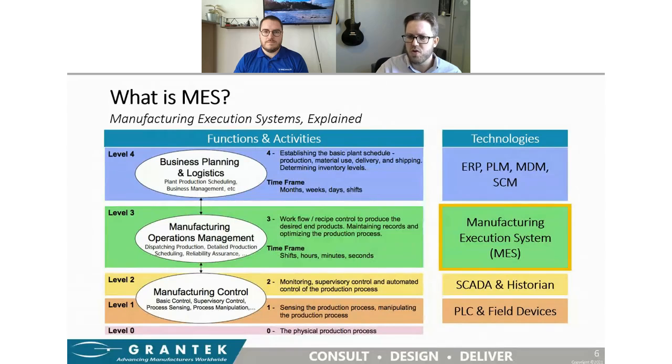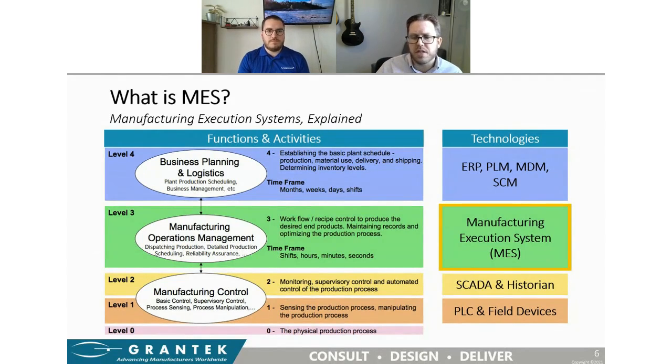So at levels 1 and 2, you have your manufacturing controls, your sensors, PLCs, and SCADA systems, and data collection systems that are going to help you control your process. These systems tend to be installed within the 4 walls of the plant and need to work in near real time to control physical world assets. If we're going to skip up to level 4, here you have your business planning and logistics systems.